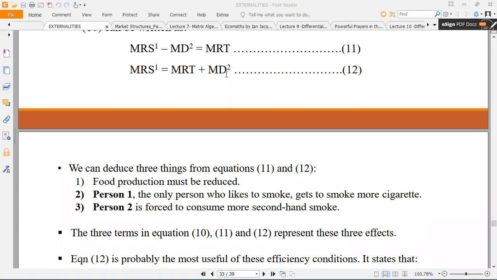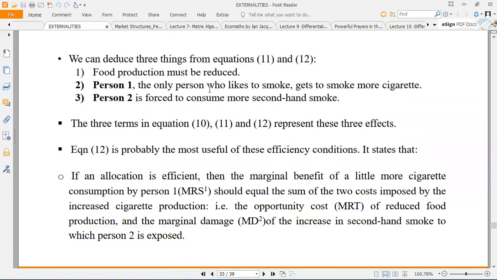So algebraically, for us to get social efficiency for a good that generates negative externality, this condition must hold. It is not like this under perfect competition. That is why externality is a source of market failure. I will look at that shortly. So what did we actually arrive at?